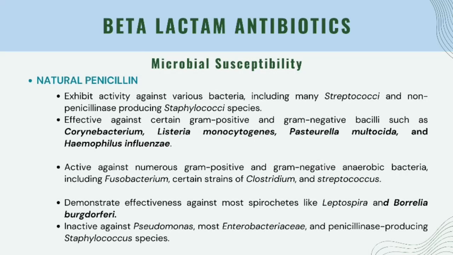Natural penicillins exhibit activity against various bacteria, including many streptococci and non-penicillinase-producing staphylococci species. They are also effective against certain gram-positive and gram-negative bacilli, such as Corynebacterium, Listeria monocytogenes, Pasteurella multocida, and Haemophilus influenzae. They are also active against numerous gram-positive and gram-negative anaerobic bacteria, including Fusobacterium, certain strains of Clostridium, and Streptococcus.